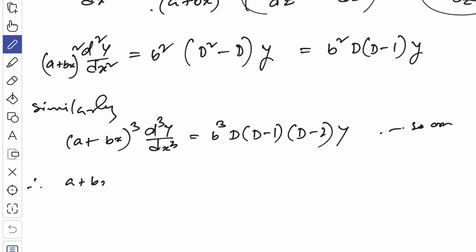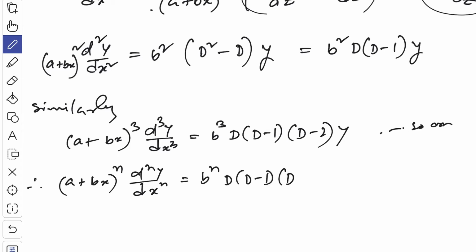Therefore (a plus bx) whole to the power n, the nth derivative of y with respect to x will be equal to b to the power n D into (D minus 1)(D minus 2) up to (D minus n plus 1) y. That's what we will get.